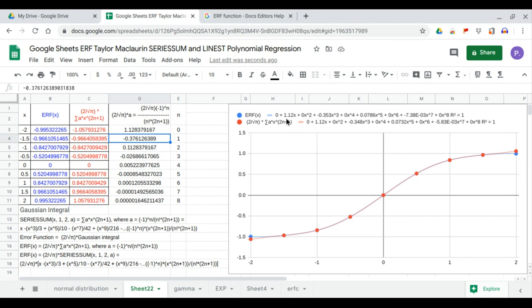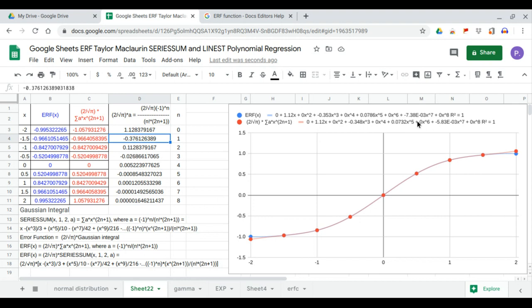Let's check the coefficients. B0 is 0. B1, 1.12. B2, 0. B3, negative 0.353, negative 0.348. There's a bit of an error. B4 is 0. B5, 0.073, 0.078, 0.073.